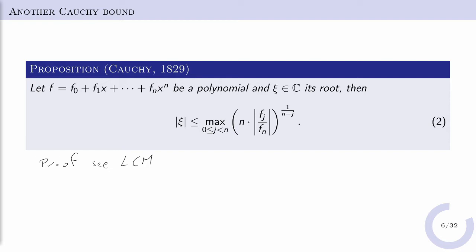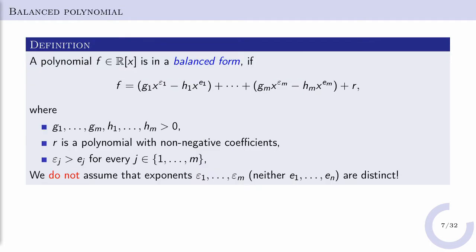The second such meta theorem is due to Stefanescu, and it is specialized for constructing bounds for real roots of polynomials.